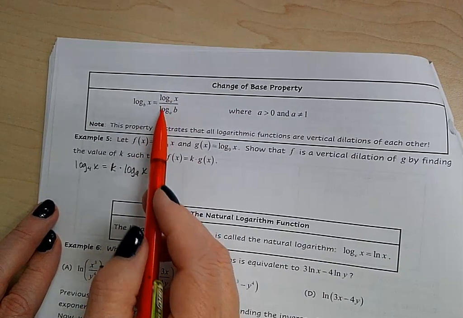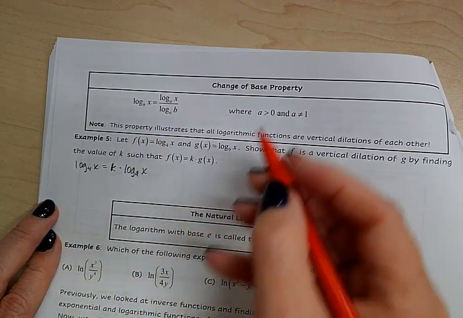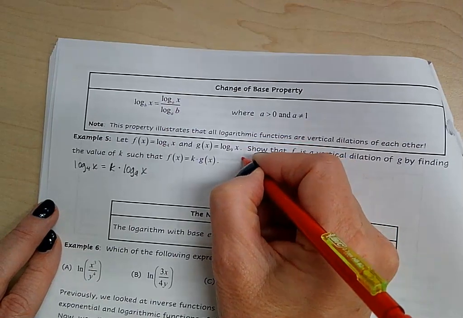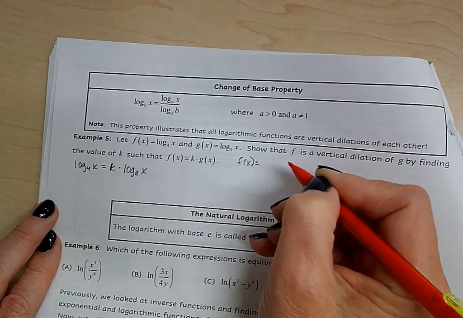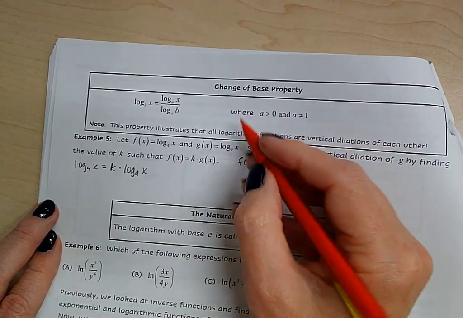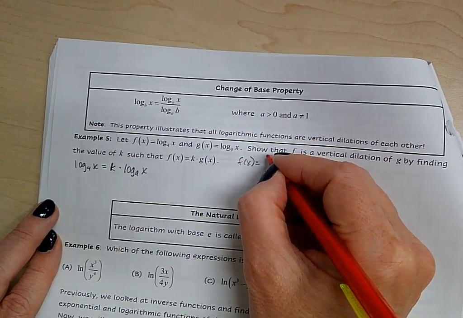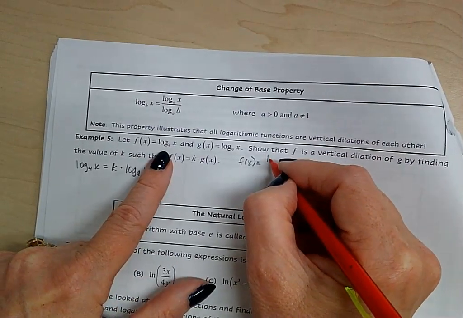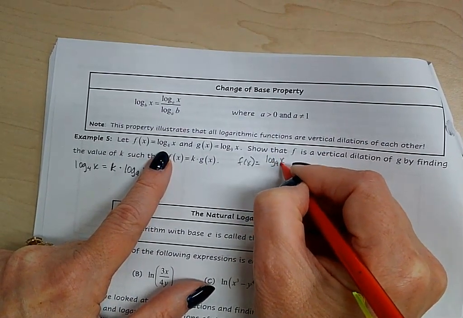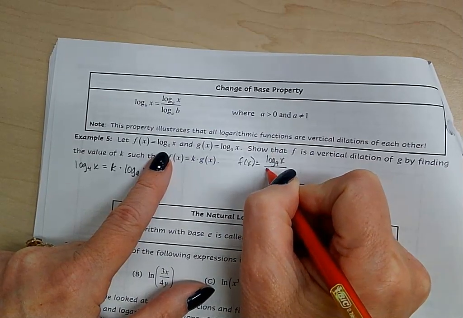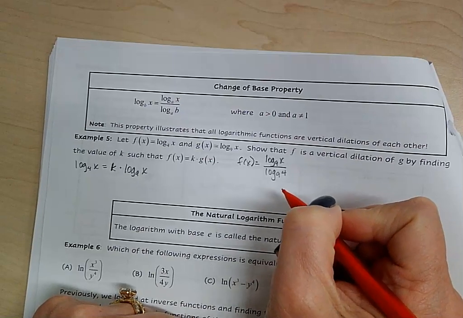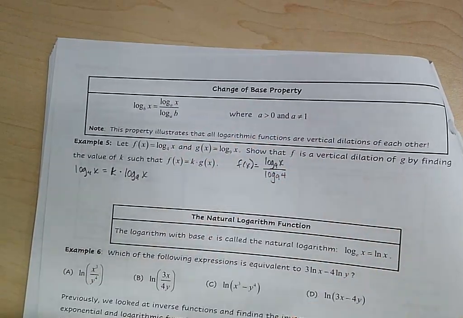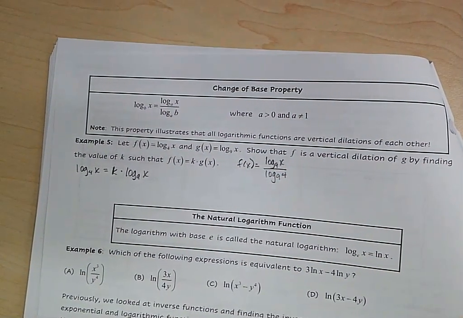So I'm using my log property, my change of base up here. So f of x can turn out to be log base 9 of x over log base 9 of 4. So all I did was that change of base right there.